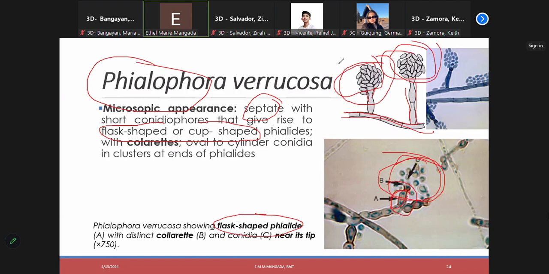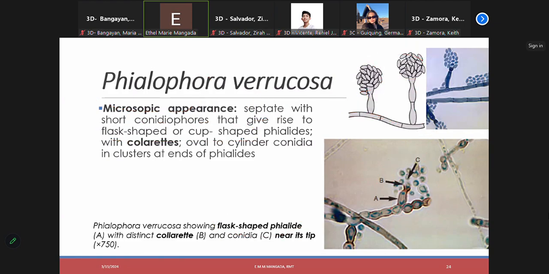Thumbs up if nakuha po natin yon. So pag pinadescribe sa inyo yung conidiophore or the hyphae, it has a flask shape phialide. And if we're going to describe the conidia, they are collarette. Okay? So that's your Phialophora verrucosa.